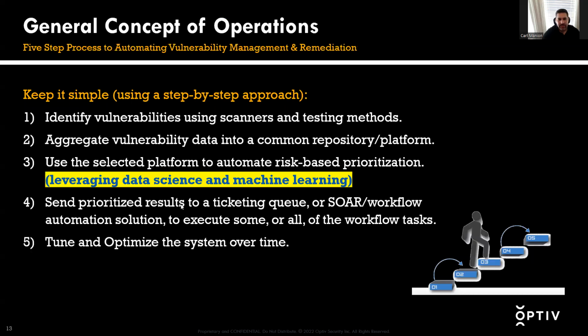Then you can send the prioritized results to a ticketing queue, something like ServiceNow, for example, or a SOAR platform, and then continue automation from there. Often there are some steps in that process of having a human review it, as I mentioned. And then you work towards tuning and optimizing that system over time. So the intent isn't to start with a perfect model at the beginning. It's to start with a working system, keep it simple at first, and then move towards better and better automation using machine learning and data science over a period of time.